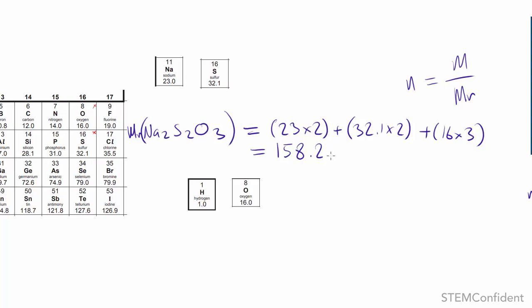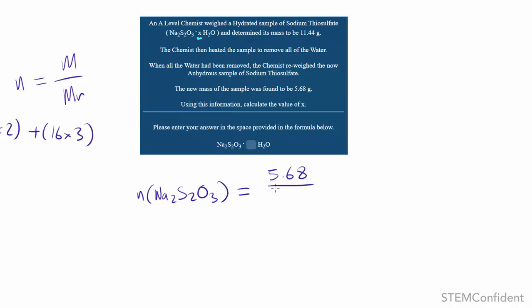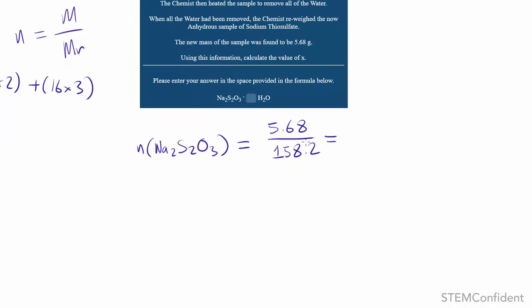And that's going to be in units of grams per mole. So we've got 158.2, and if we work this out here, this is going to give us 0.035904, right? And that's going to be in moles, okay?